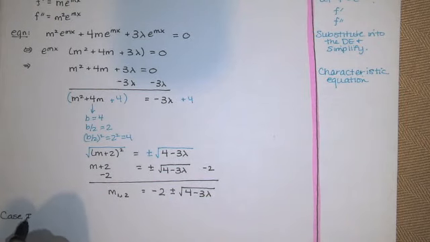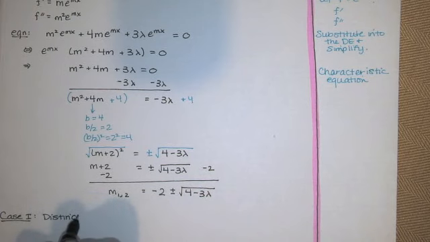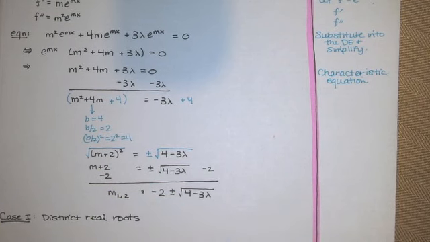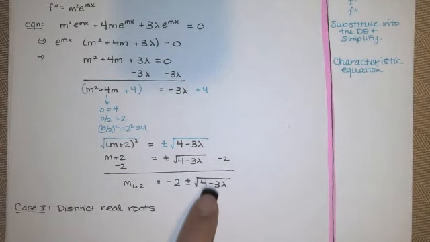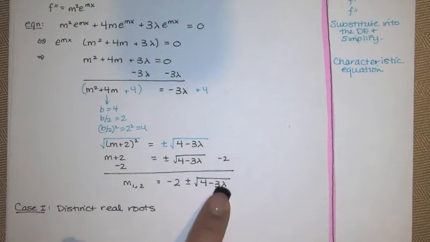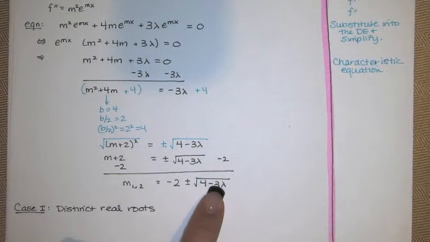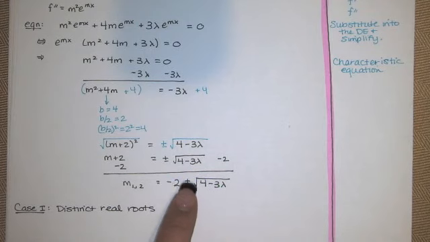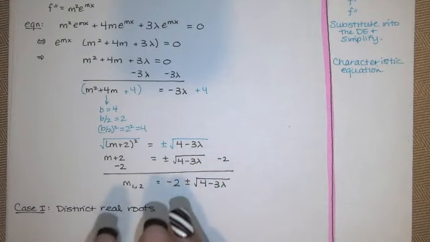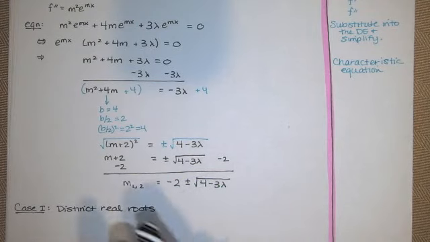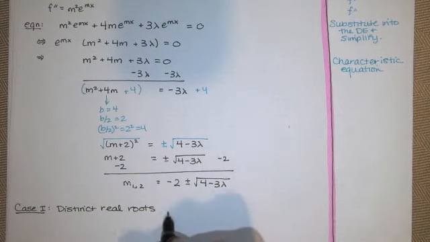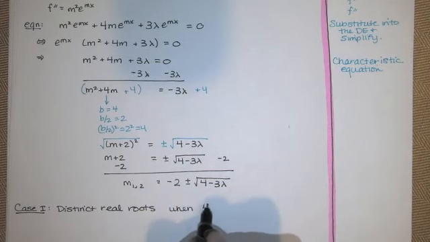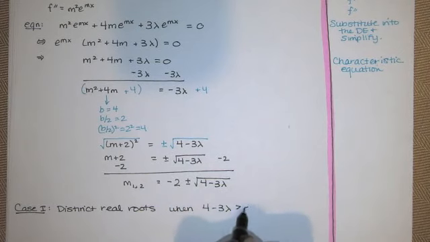Let's look at case number 1. When would we have distinct real roots? Well, we would have distinct real roots if this number under the radical, 4 minus 3 lambda, was positive, because then I'd have -2 plus the square root of this positive number and -2 minus the square root of that positive number as my real roots. So we have distinct real roots when 4 minus 3 lambda is positive.